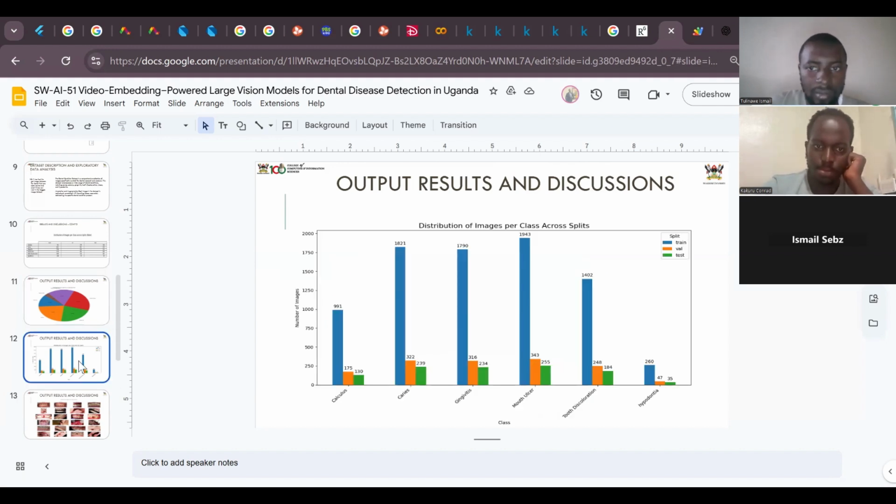And this one is also displaying the images we had. The blue is for training, the orange is for validation, and the green is for the test. So you can see we had a lot of data for training, and more data for validation than for the tests.